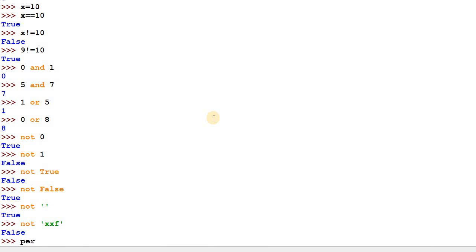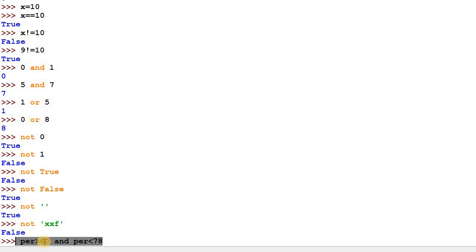You want to check the percentage: percentage is greater than 60 and percentage is less than 78. So here we are combining two comparisons. First the percentage is more than 60 and that should be less than 78. So this is comparing a value in a specific range.